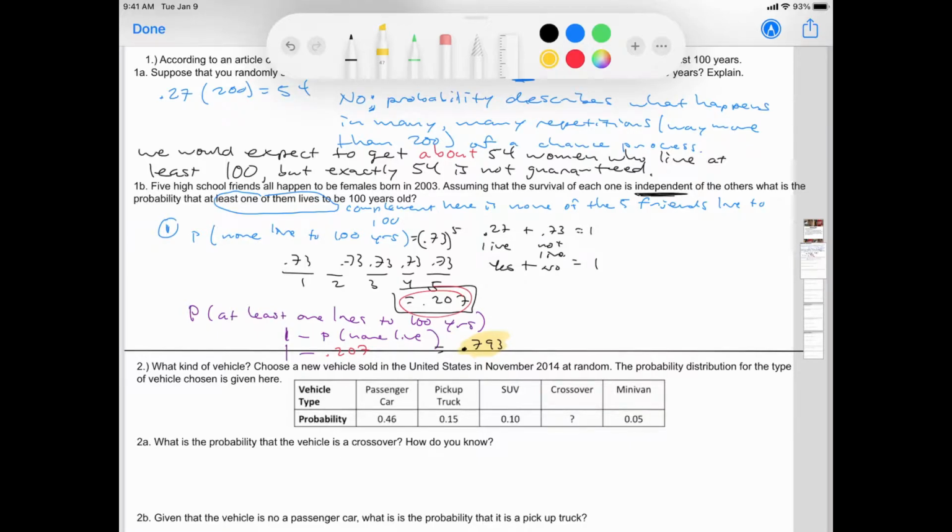All right, the long way to think about at least one of them would be the probability that one of them gets it, probability that two of them live to it, probability of 3, probability of 4, and probability of 5. And I just want to show you what one of these looks like.